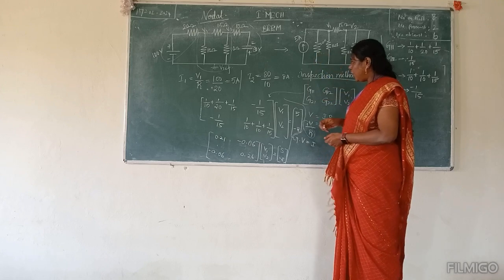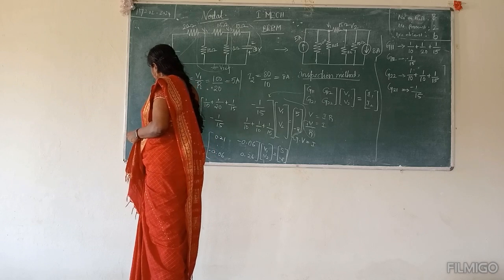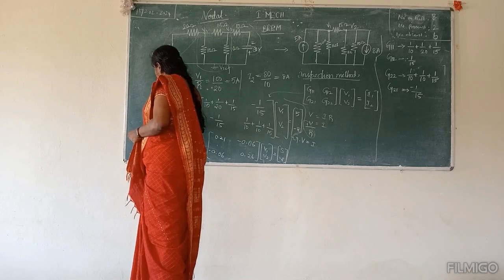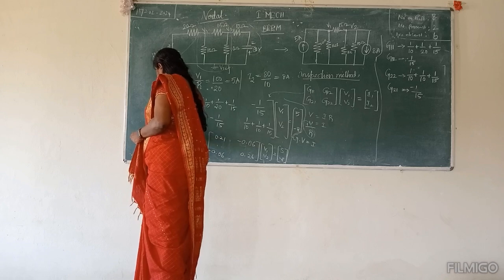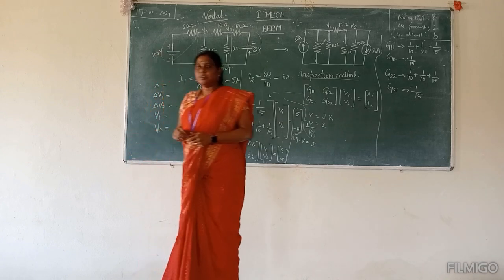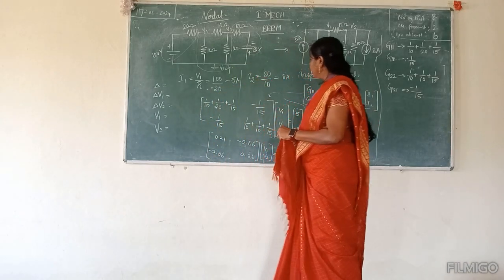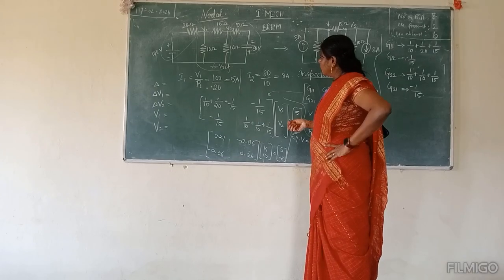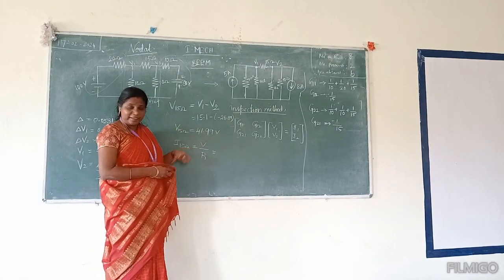So now let me know the value of V1, del V1, del V2, V1 and V2. The voltage across the 50 ohm resistor is 41.99.